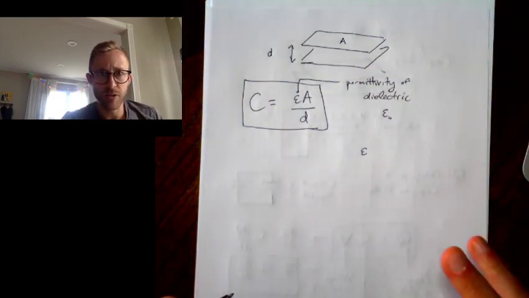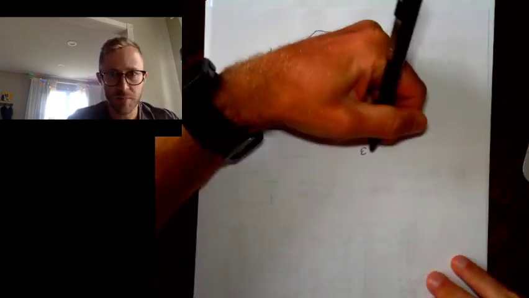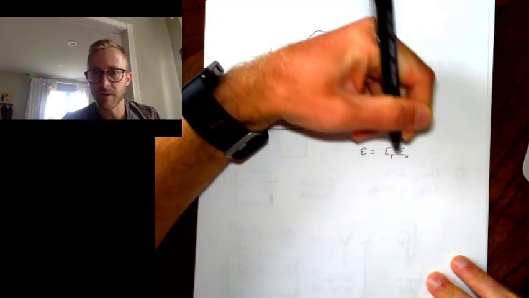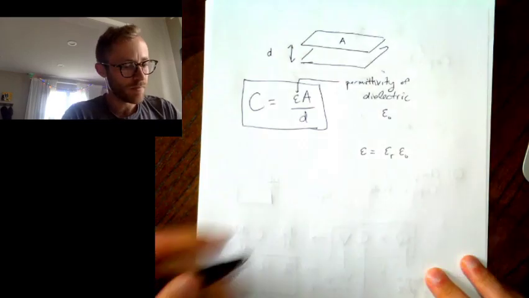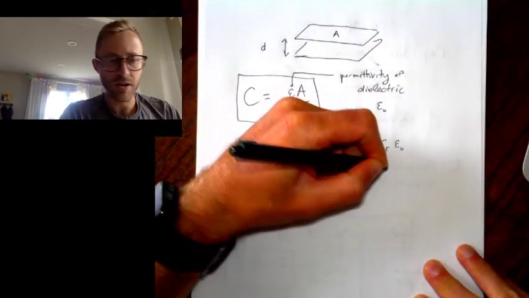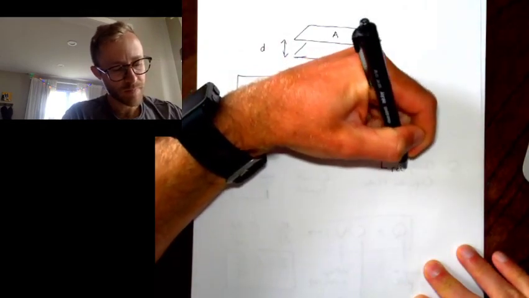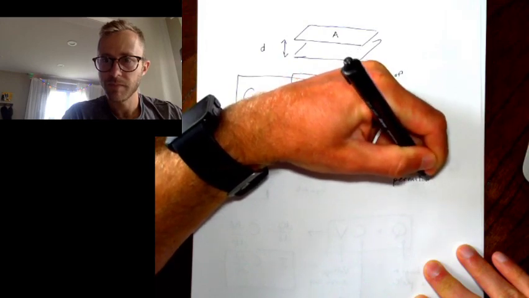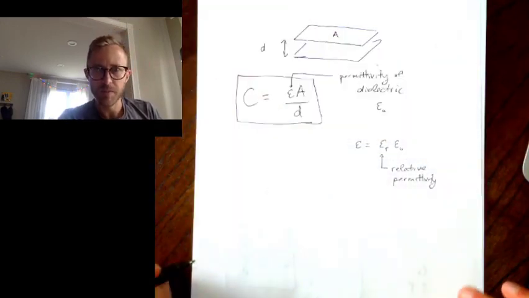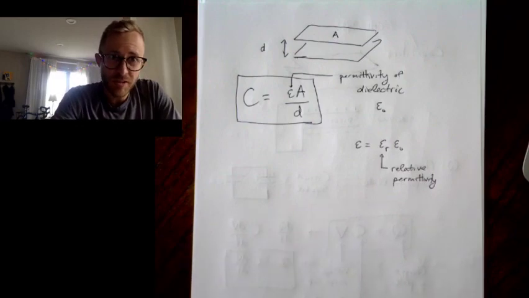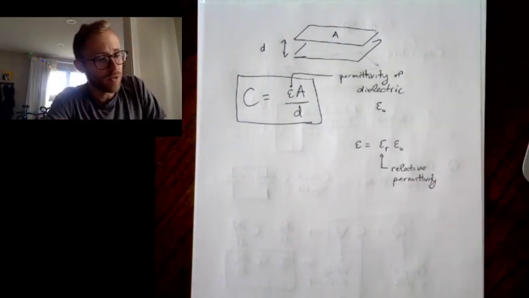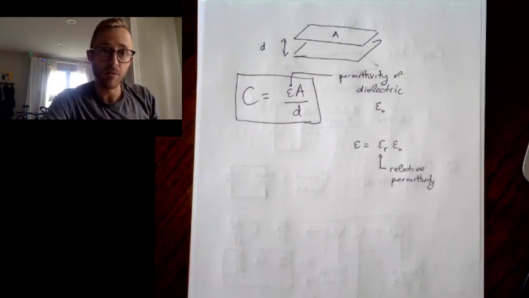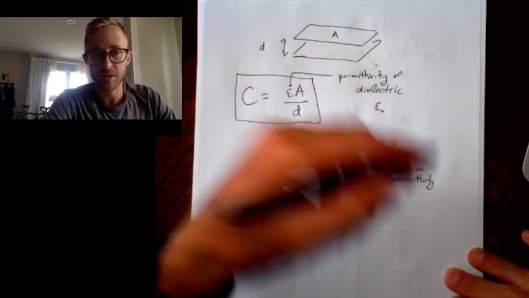One way of expressing the permittivity is to write epsilon as equal to epsilon r times epsilon naught, where epsilon sub r is called the relative permittivity. So for example, if the relative permittivity was 2, then that means that epsilon is twice the permittivity of free space.